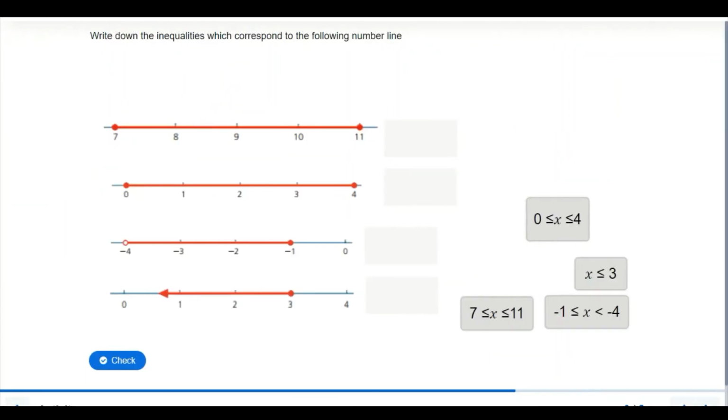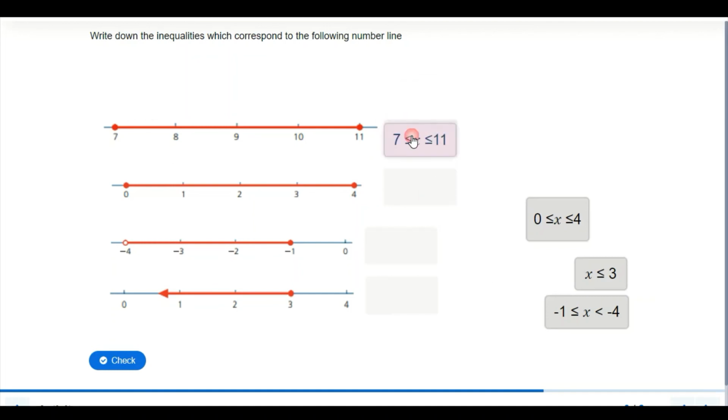So let's see. This is another inequality here. Let's study this inequality and let's solve. If you look at this, this is telling us that the value ranges from 7 to 11. And since we have so many numerous values here, we are denoting that as unknown. So if you have to express this, we have to express it as 7 less than x less than or equals to 11.